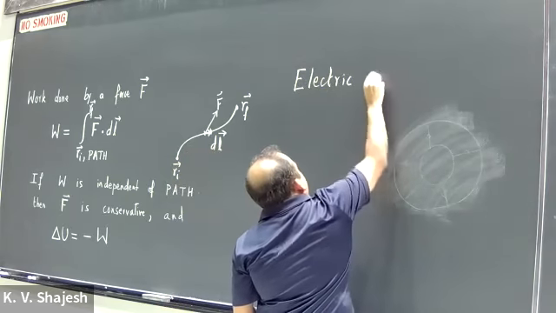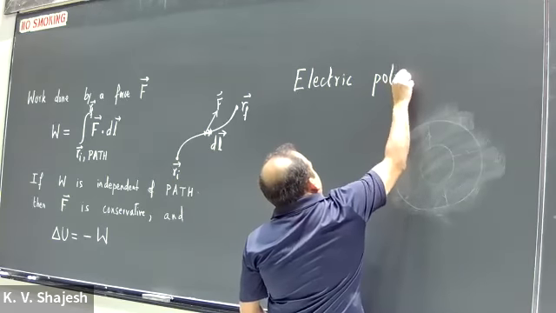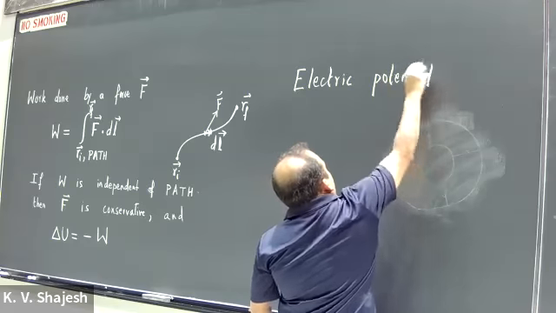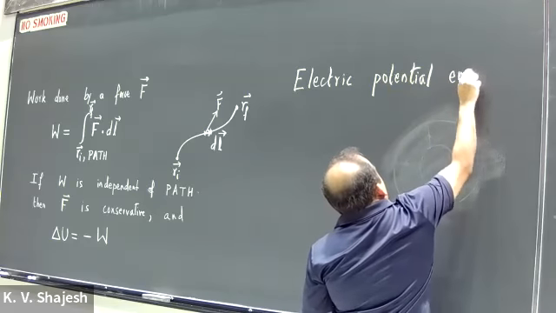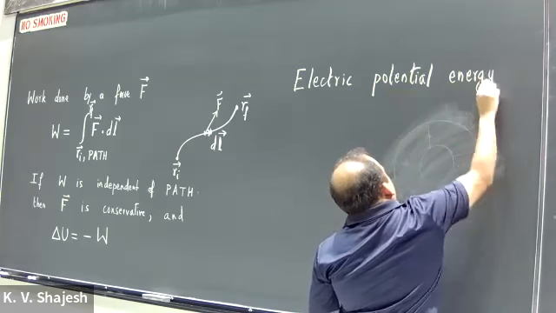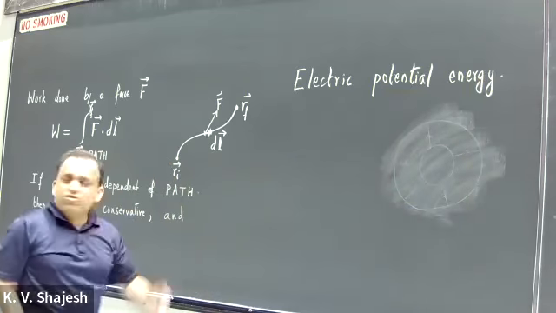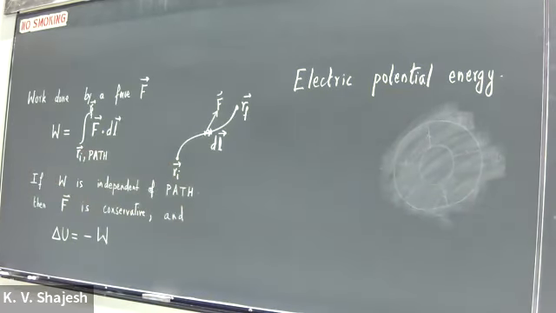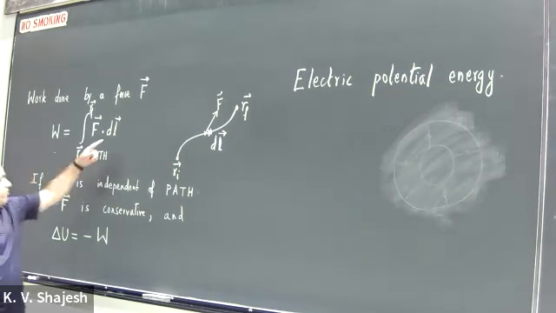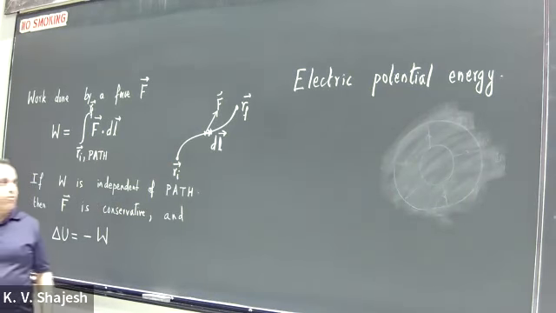Electric potential energy is defined as the electric force F dotted with dl, and negative of that.